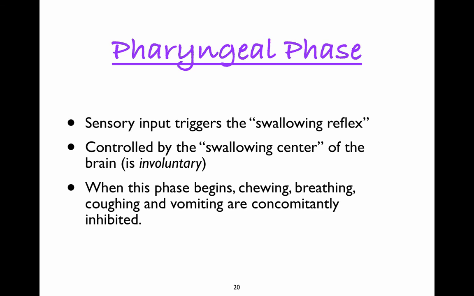I did want to mention that as the pharyngeal phase begins, other activities involving the pharynx, such as chewing and breathing and coughing and vomiting, all of those other activities are inhibited.